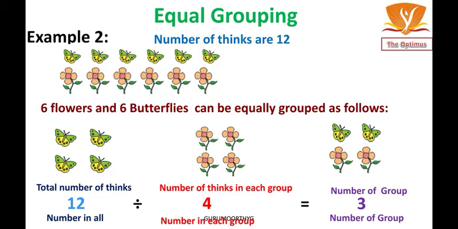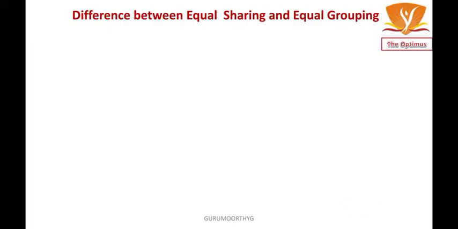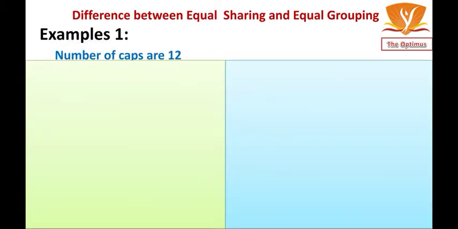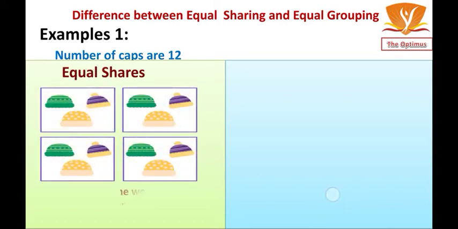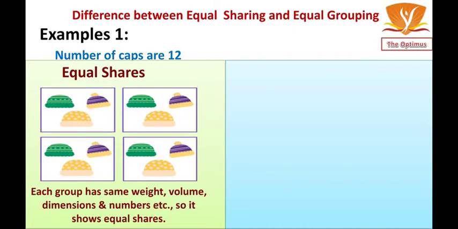I think you have some confusion between equal sharing and equal grouping. Is that correct? So I am going to explain the difference between equal sharing and equal grouping. Example 1. The left hand side figure shows equal shares. Each group has 3 caps with the same dimension, same size, same volume also.